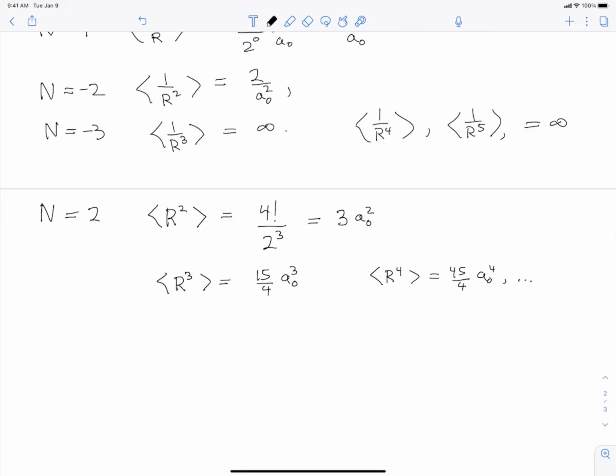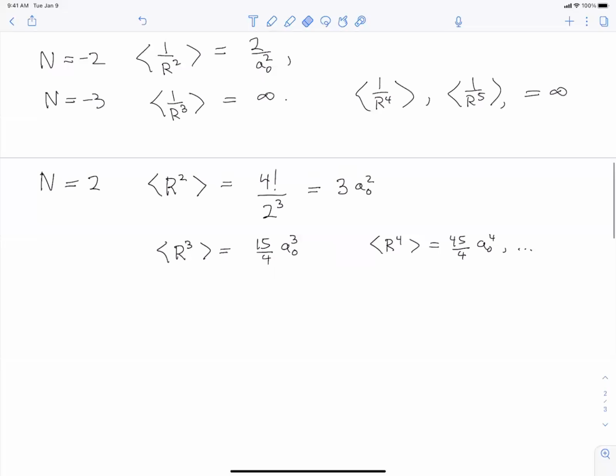So one application of this is, what about the uncertainty in the radial coordinate in this ground state? So remember, the general formula for the uncertainty of an operator is you take the expectation value of the operator squared minus the expectation value of the operator, squared. We worked both of those things out.